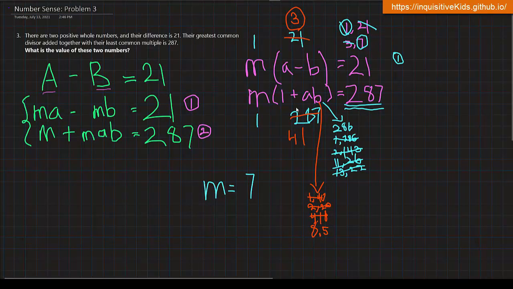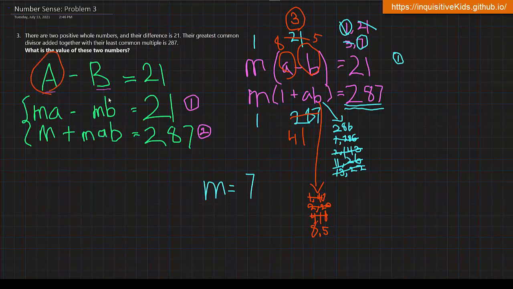But remember, we're not done yet. We know what these are. a is bigger, so it's 8. And b is smaller, so it's 5. But what we're really trying to find is A and B, all capitalized.